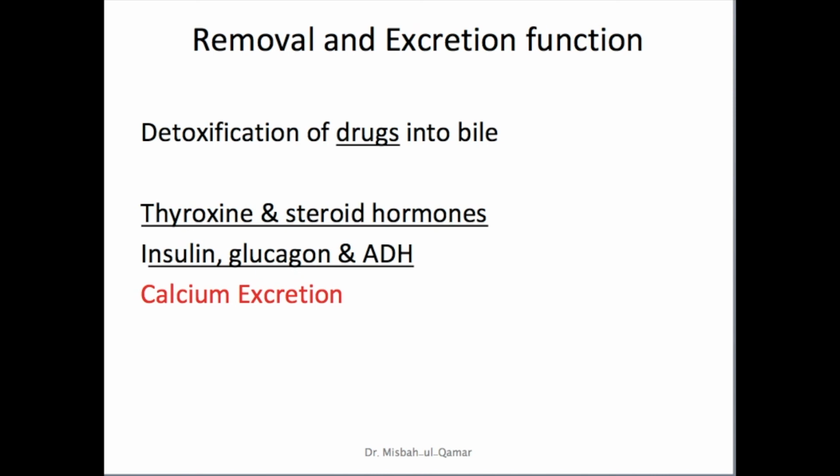So, normal thyroid function is dependent on hepatic formation of the more active T3 from T4. The liver is also a major site of the degradation of insulin, glucagon, and antidiuretic hormone. Keep in mind that the excretion of body calcium also depends on the liver through bile.